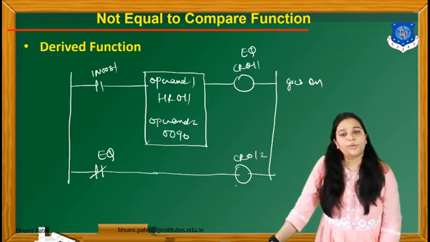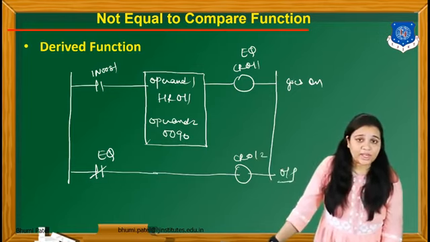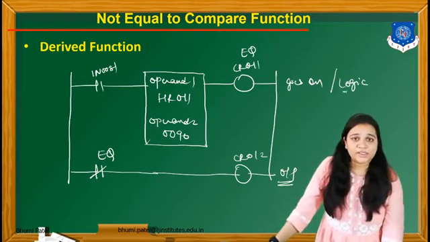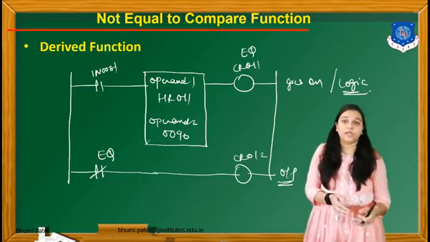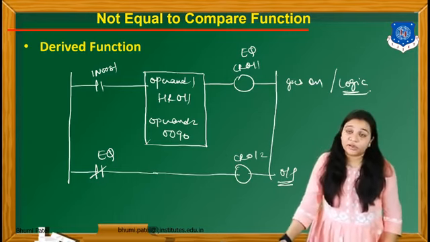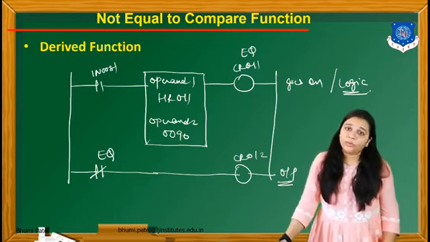Suppose for rung number 2 the name of the output is CR02. This is my actual output for not equal to, and this is the logic to find out whether the two numbers are equal or not equal. So using the equal to function, we derive the function for not equal to.